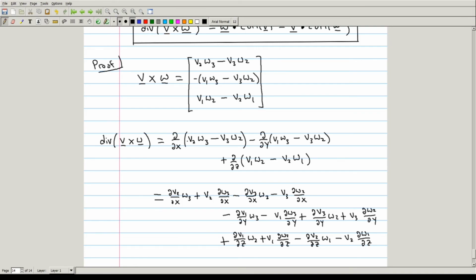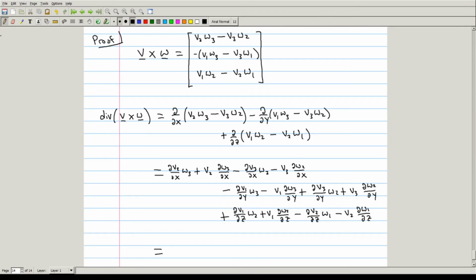Oops, I just realized we have a W1 term here. I have a typo right here. This should be W1, which means that this should be W1. And correspondingly then this will be W1.